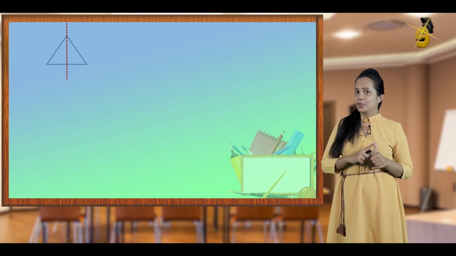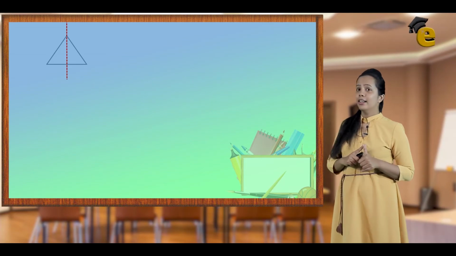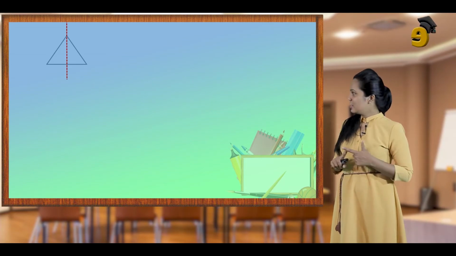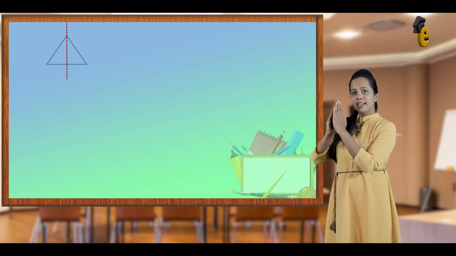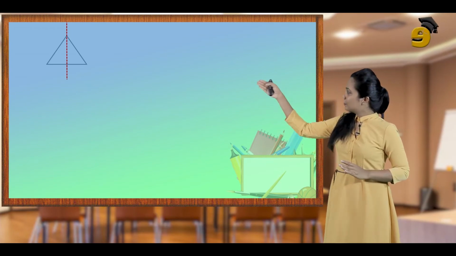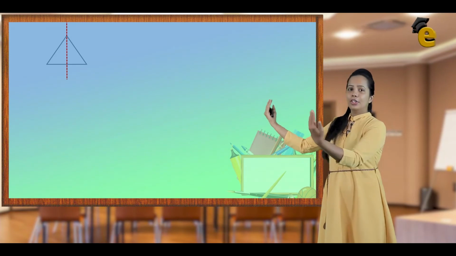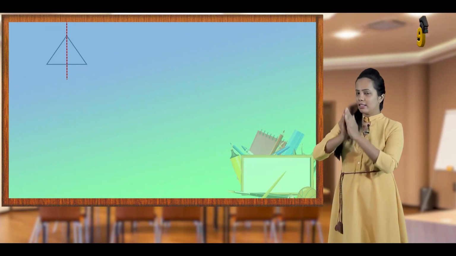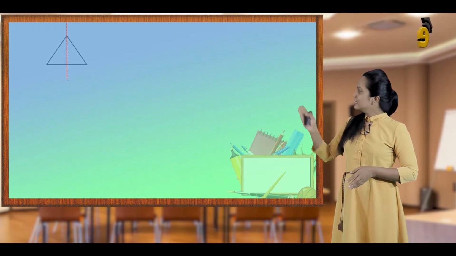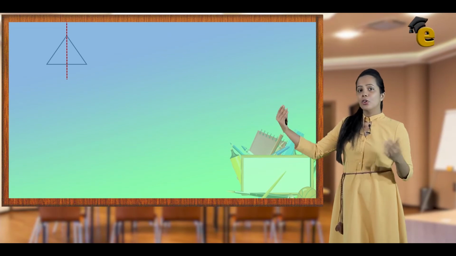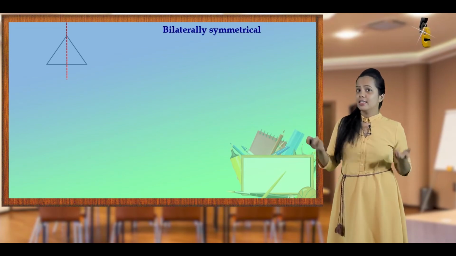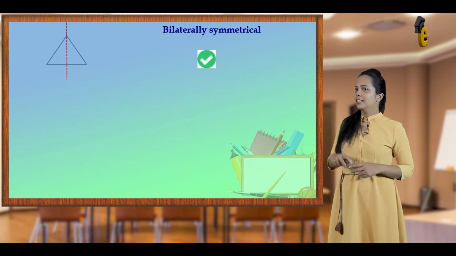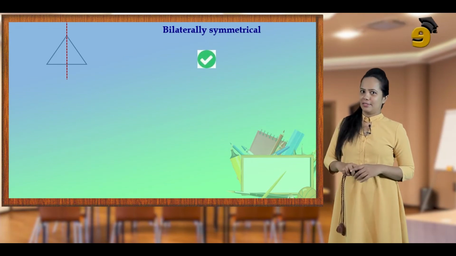Those two parts have the same area, the same shape, and they also coincide with each other. If you fold this triangle along this axis of symmetry, then these two parts coincide with each other. Therefore, this figure is said to be bilaterally symmetrical.